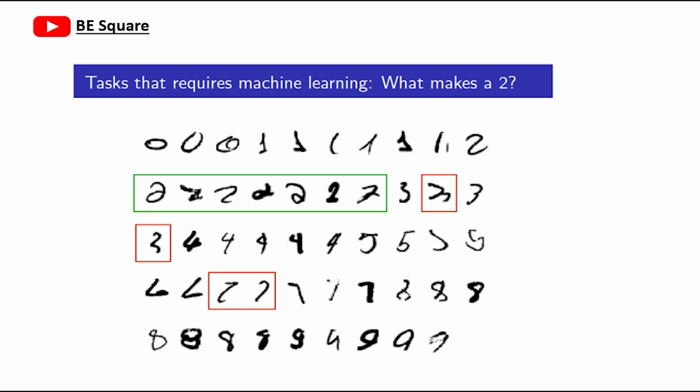With the help of machine learning, we can also give tasks such as identifying which digit is a 2 from all of these, and what makes a 2. It is very hard to write a program that solves problems like recognizing a handwritten digit.